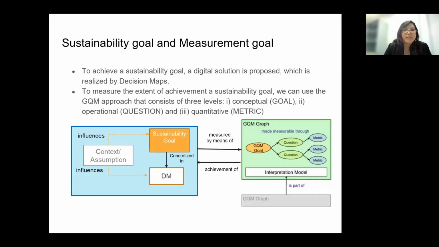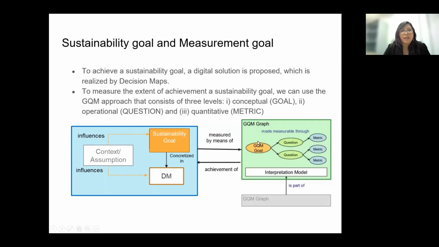The GQM graph is the approach that you should apply to define the measurement goal. This approach has three different parts. We have the conceptual level that includes the goals.